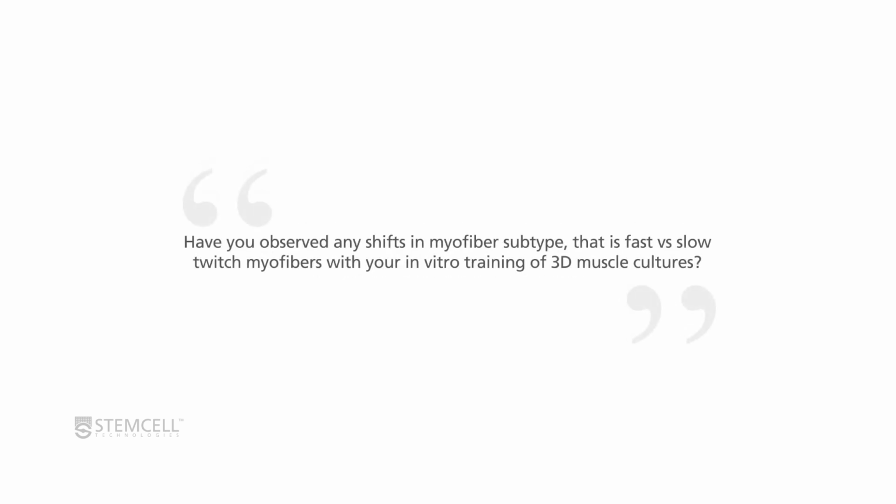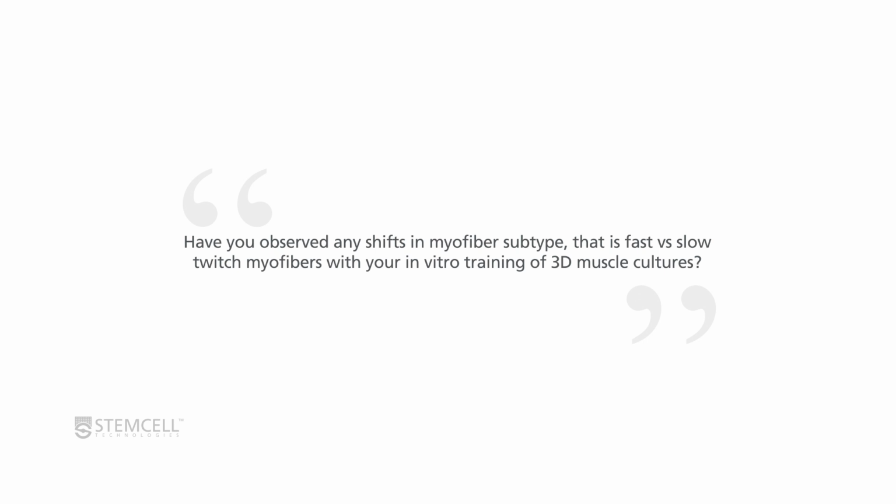Have you observed any shifts in myofiber subtype, that is fast versus slow twitch myofibers, with your in vitro training of 3D muscle cultures? So I didn't present our work looking at how contraction alters the maturation process or endpoint of our muscle tissues, but that is an area that we are studying.